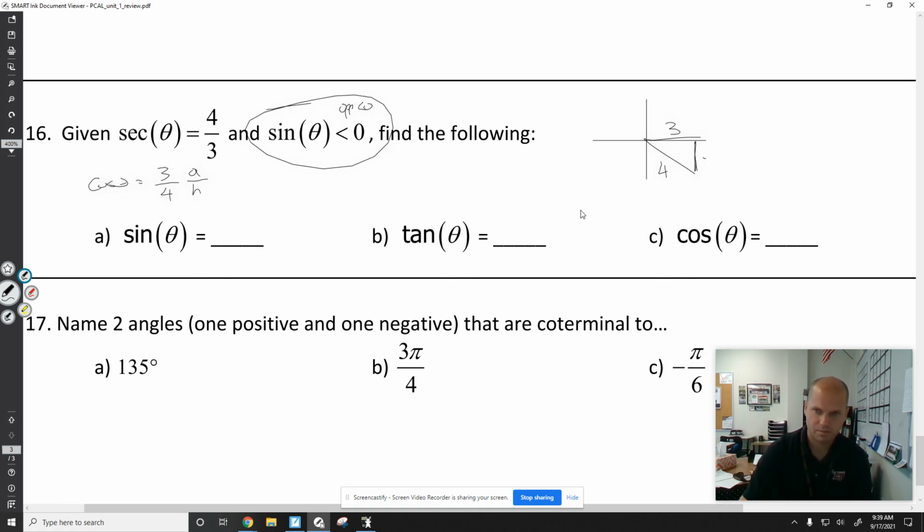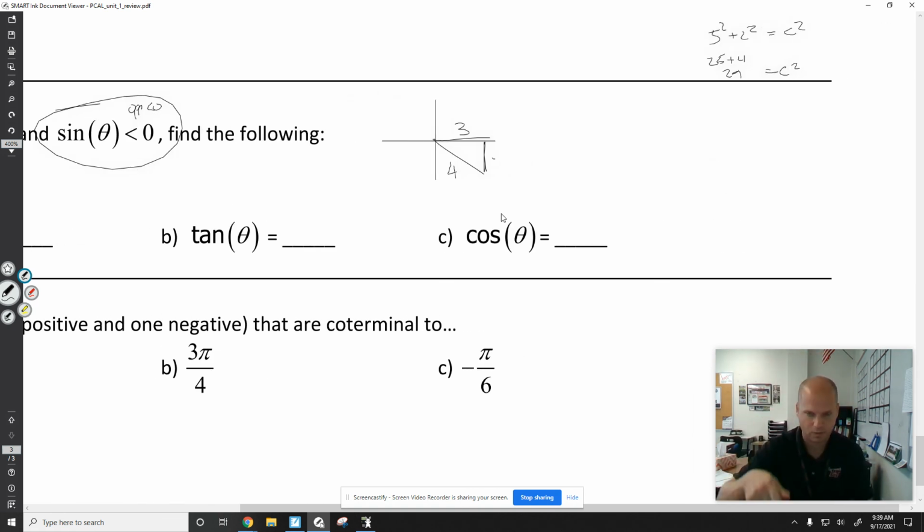Very important to pay attention to that. I didn't really find it on that first problem that we did, but now we're paying attention to it. We're good. What is that opposite length? Well, 3 squared plus whatever that y squared is, equals 4 squared. 16 minus 9 is 7. So y is negative root 7. Let's see, 9 plus 7, 16.